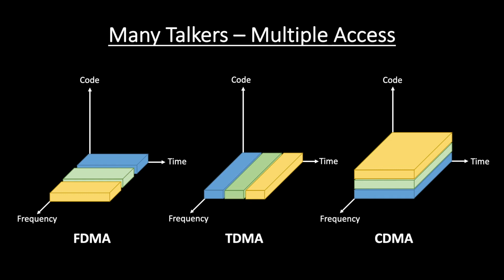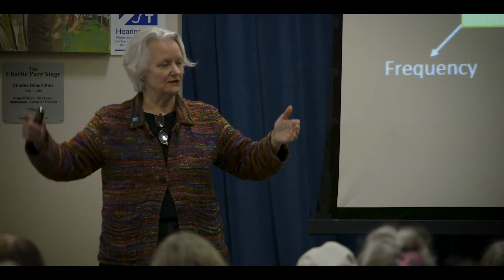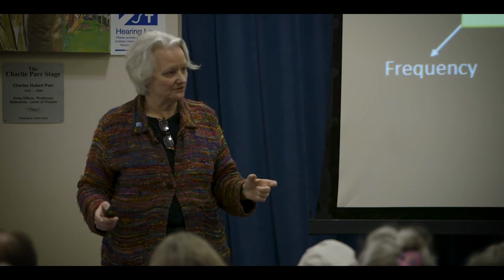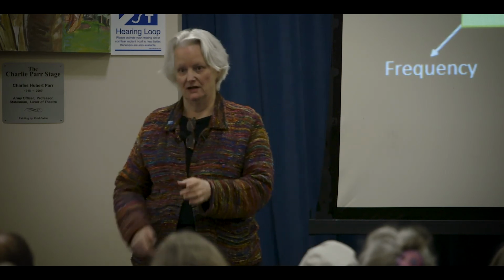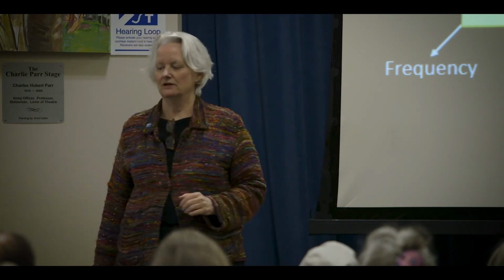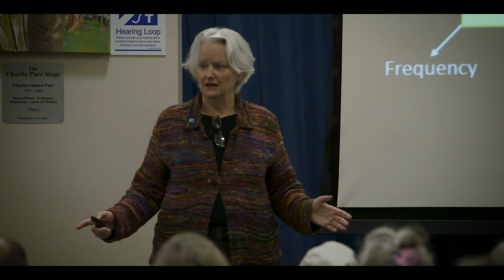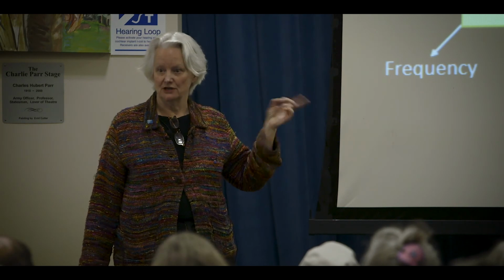We have frequency domain multiple access. This is where I take my bandwidth and chop it up into different frequency subchannels, and I say, you get this subchannel, you get this subchannel, and you get this subchannel over here, and you will not talk on each other's subchannels, okay? If you do that, then nobody interferes with each other, right?